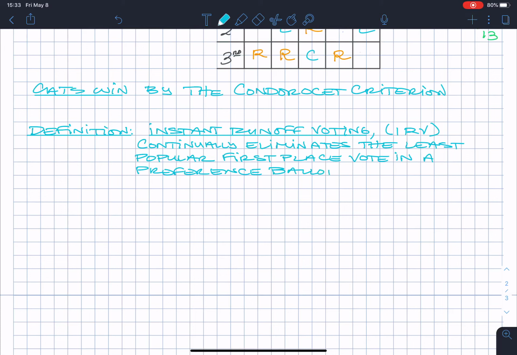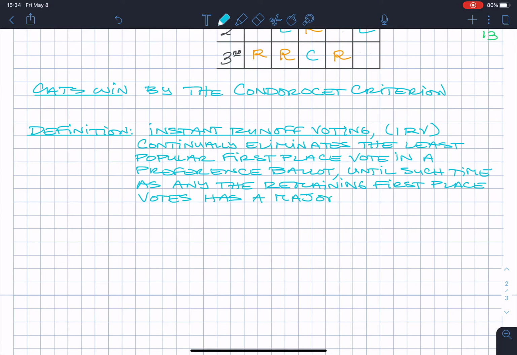So like we've been dealing with before, until such time as any of the remaining first place votes has a majority, not a plurality, a majority.